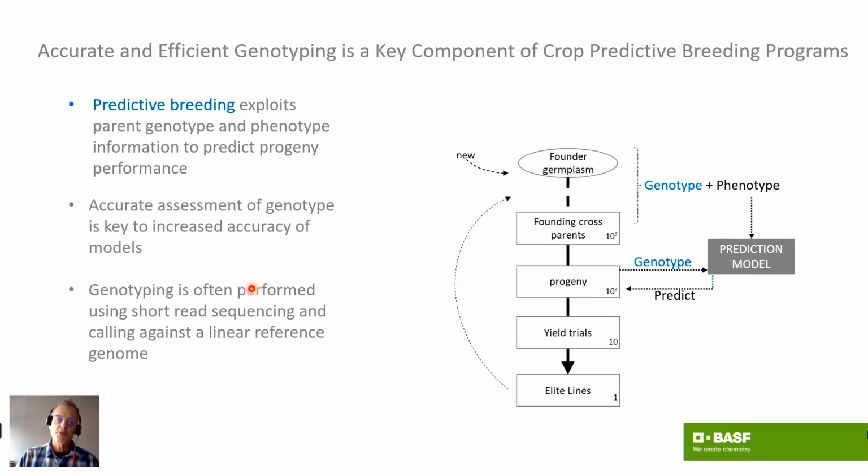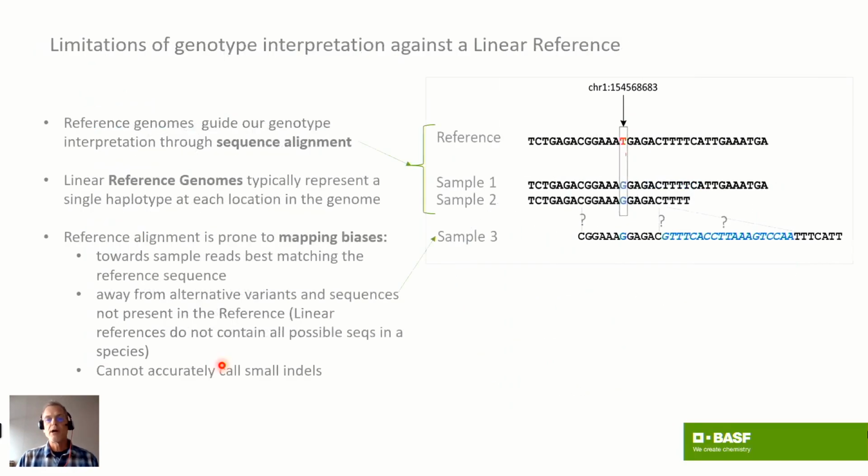For the genotyping component, we're doing mostly short read sequencing, either whole genome or genotyping by sequencing. And we are interpreting those sequences against a linear reference, like most people. Our linear references are beautiful. They guide our interpretation of new sequences through alignment, like the one shown here.